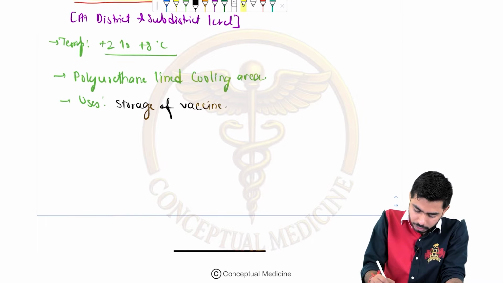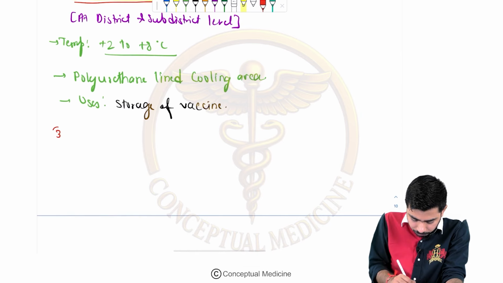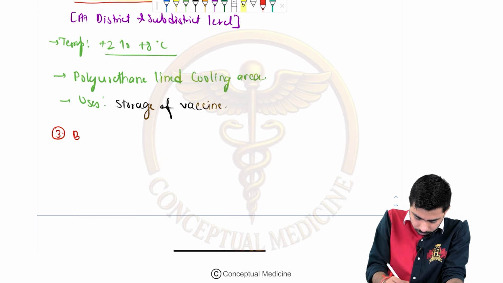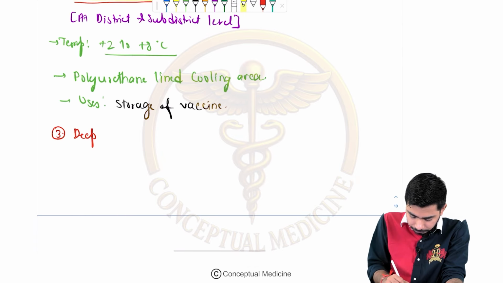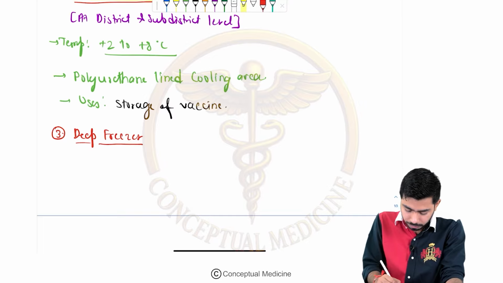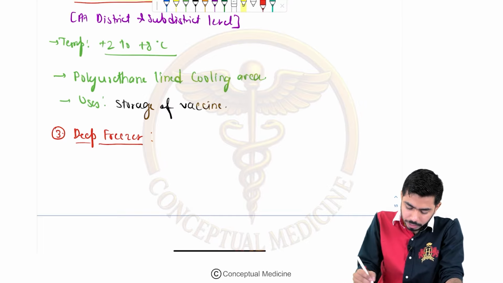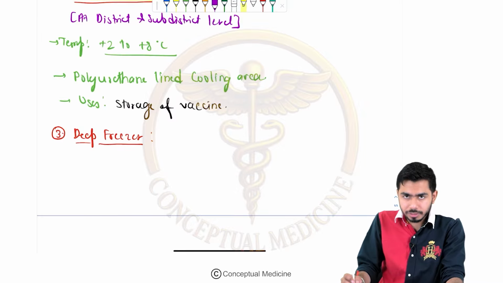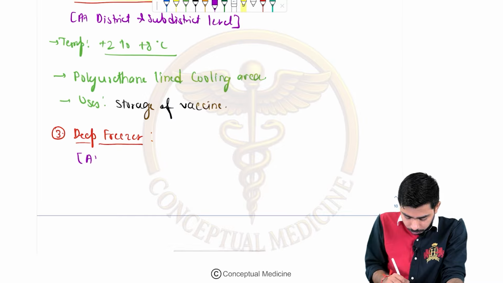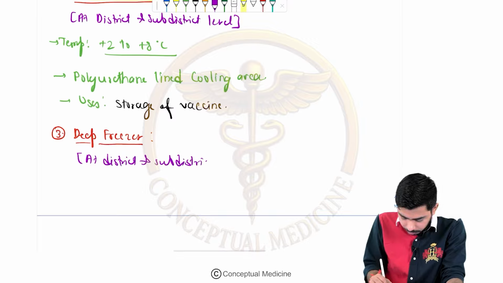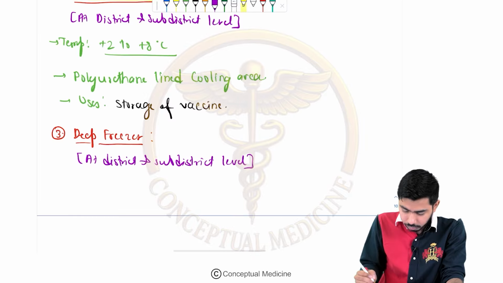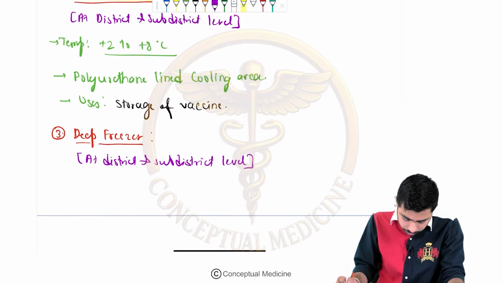Okay, so next one which we shall talk about is the deep freezer. The deep freezer, again guys, can be used for district and sub-district level.